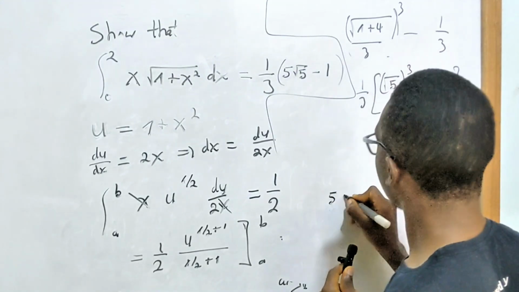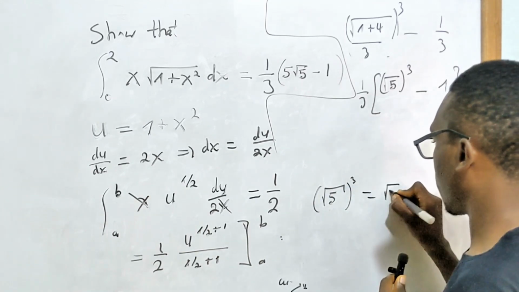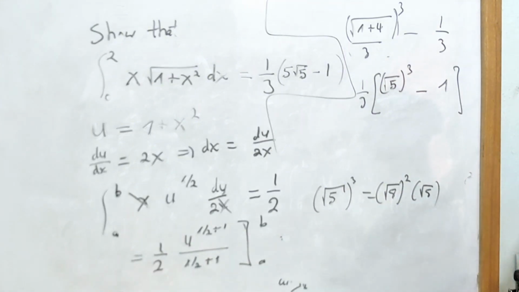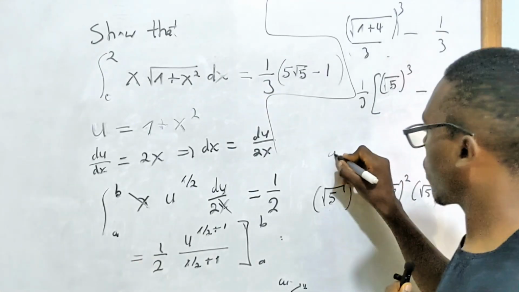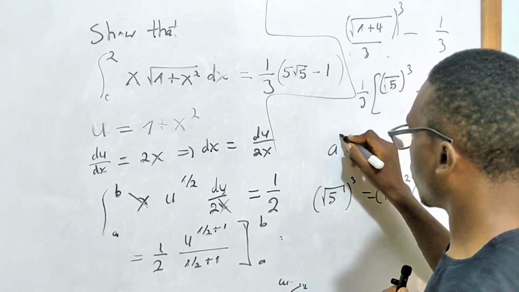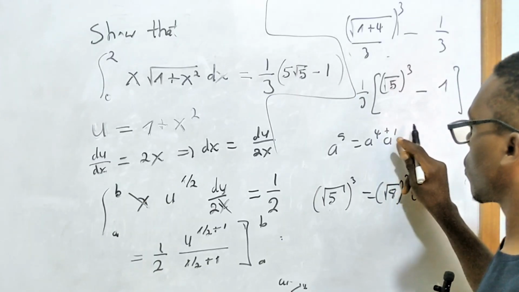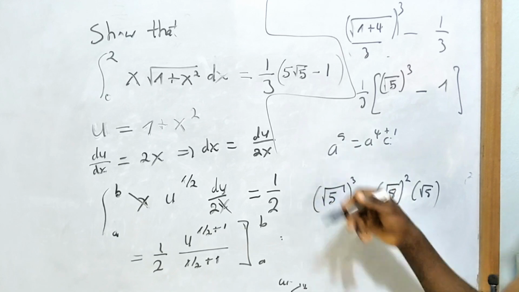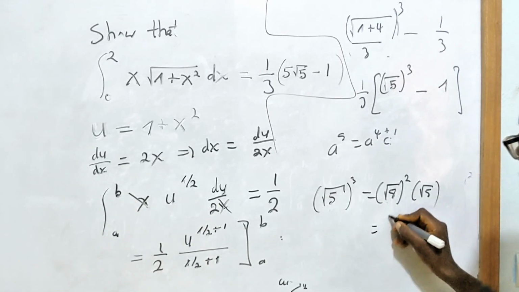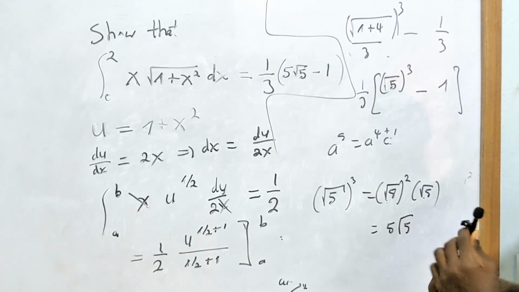You know that root 5 cubed is the same thing as root 5 squared times root 5. From the basic law of indices, a to the power 5 is a to the power 4 times a to the power 1, by addition. It's the same thing we apply here. Root 5 squared is 5, and this one is root 5.